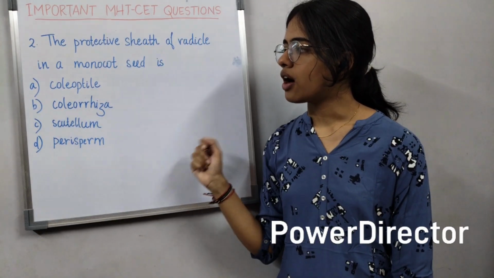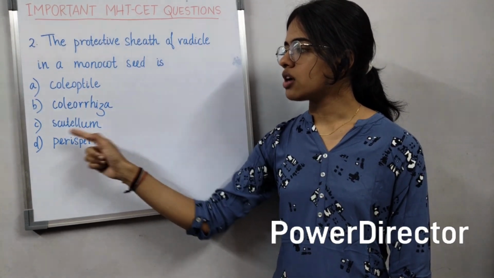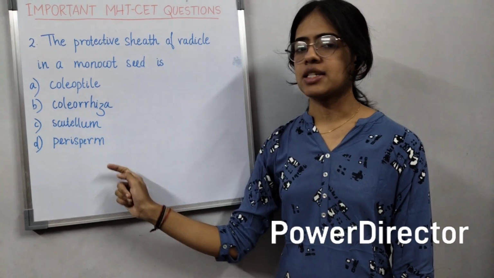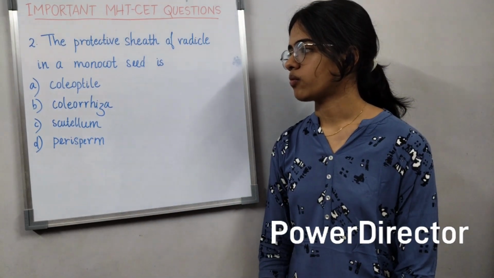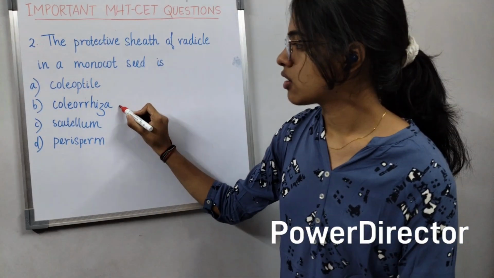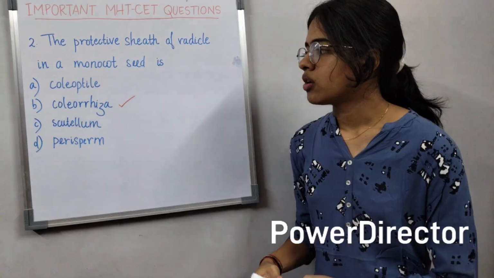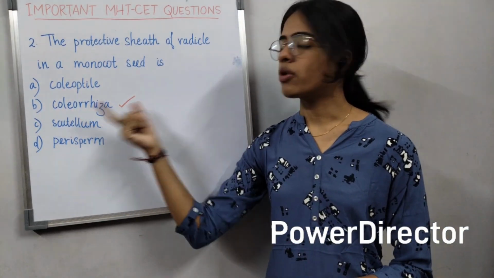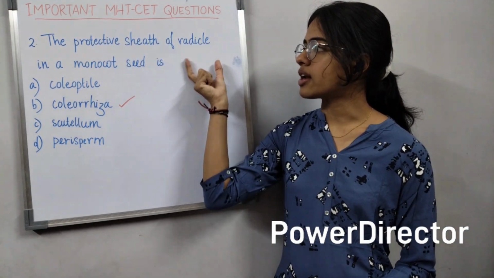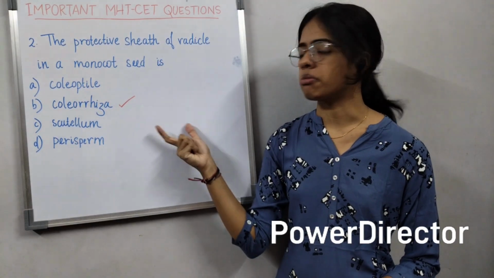The options are coleoptile, coleorhiza, scutellum, and perisperm. The correct answer is coleorhiza. Coleorhiza is a protective sheath which covers the radicle in a monocot seed. So this you have to remember.